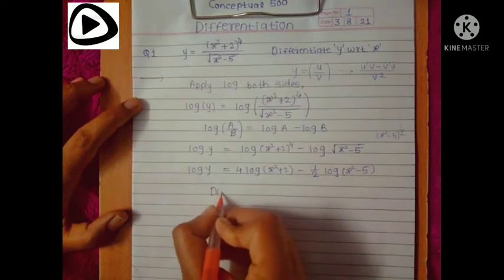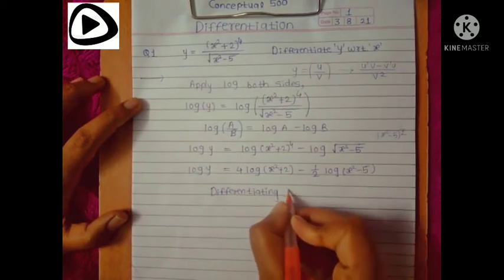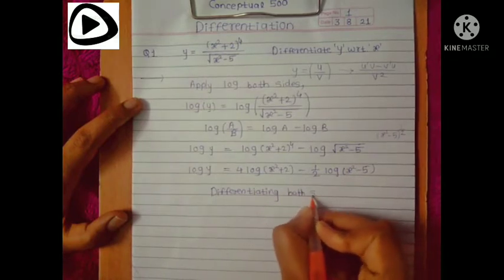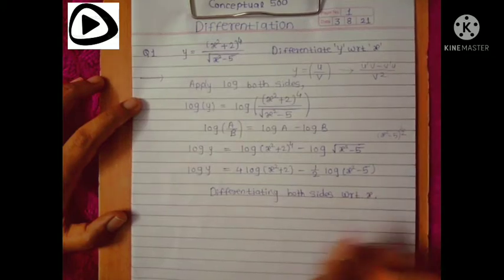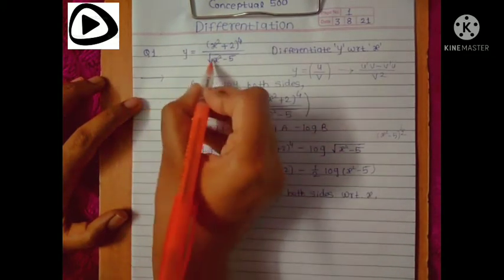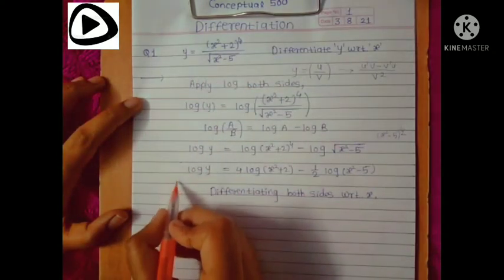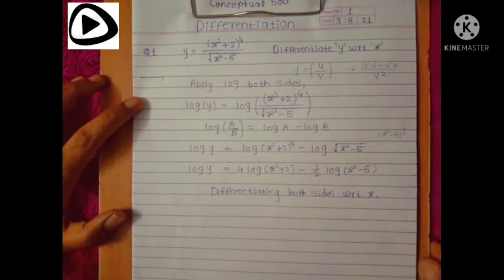So, differentiating both sides with respect to x. This is the simplified format, so we have to simplify it first and then differentiate with respect to x.